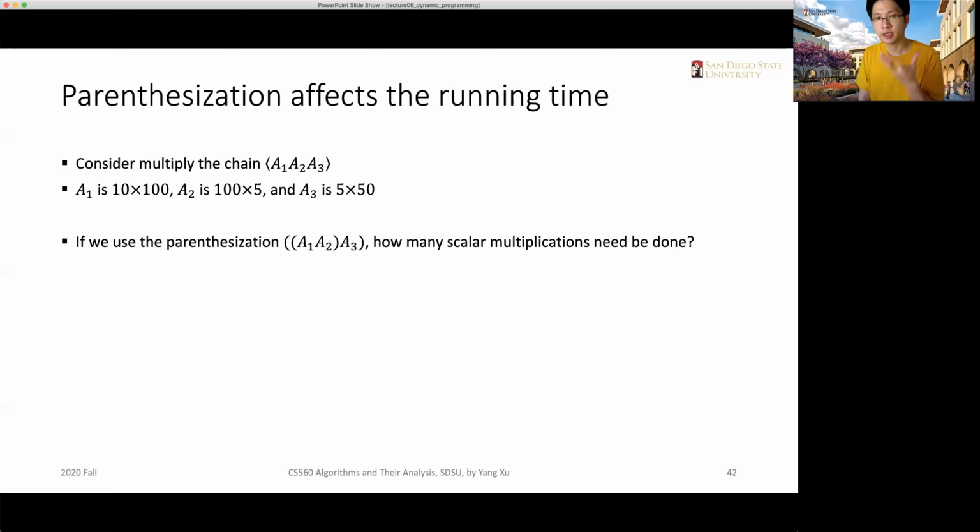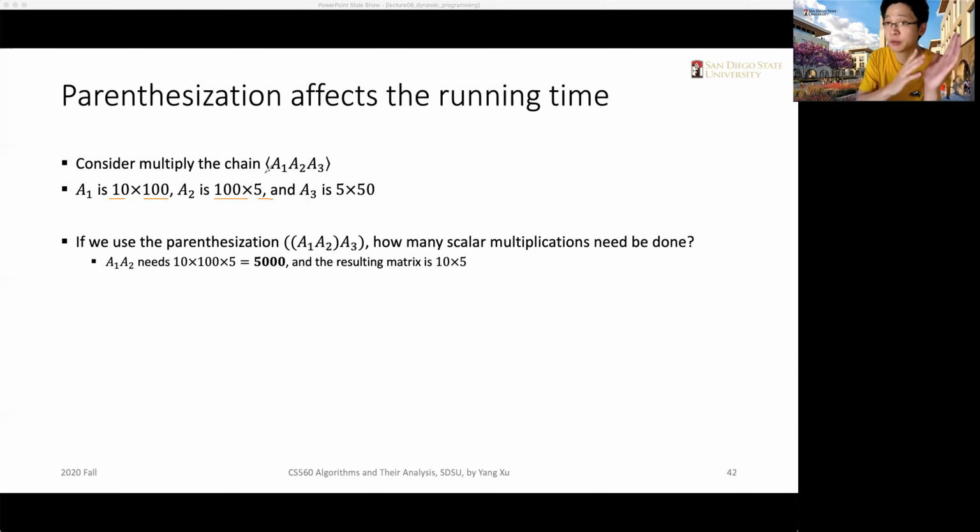So let's look at how many scalar multiplications will be needed. Because the dimension of A1 is 10 by 100, and the dimension of A2 is 100 by 5, according to the formula in the previous slide, do you remember that? It is p times q times r, right?